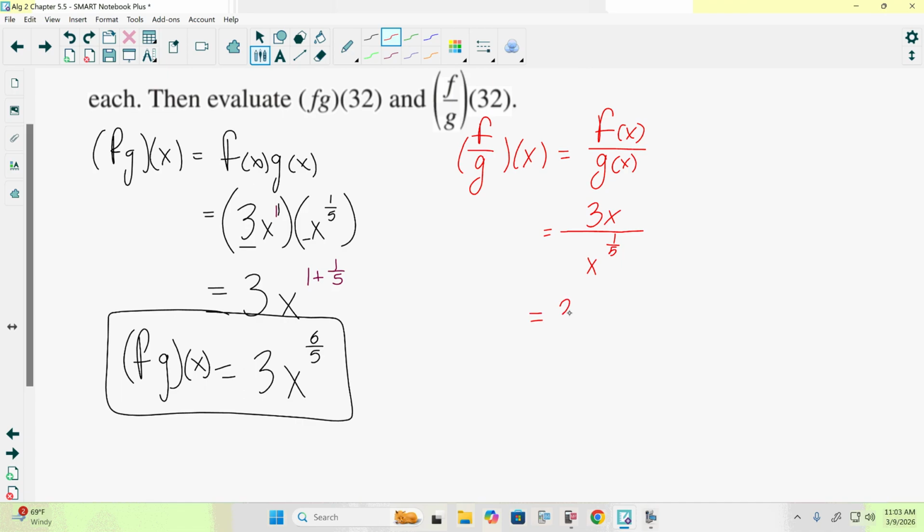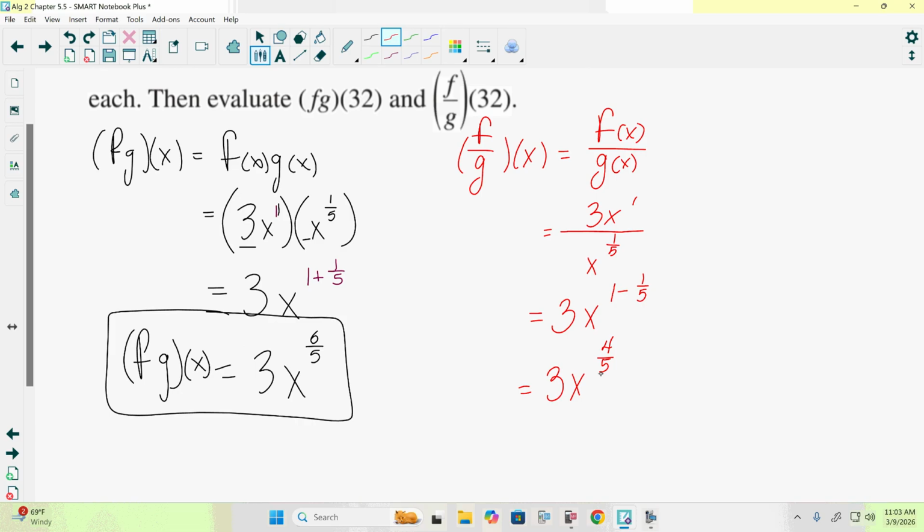Just like the previous problems, since it's not written in radical form, we do need to combine these terms, because we have x to the first on top divided by x to the 1/5. When we divide like bases, we're going to subtract those exponents. So we have 1 minus 1/5, which is 4/5.